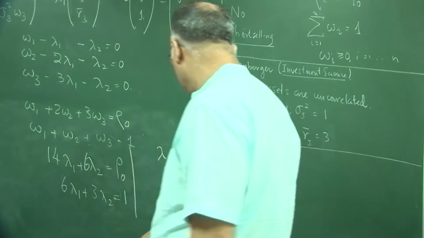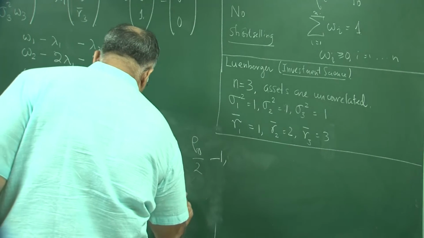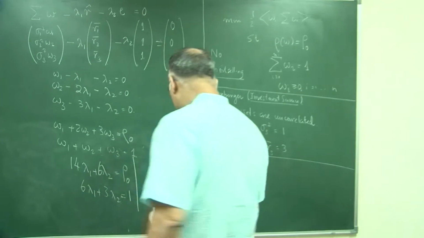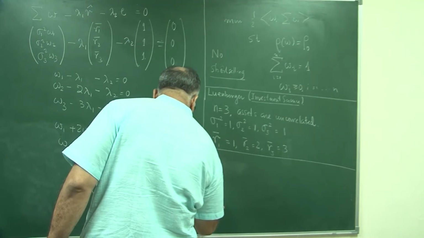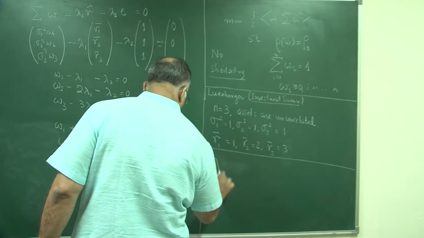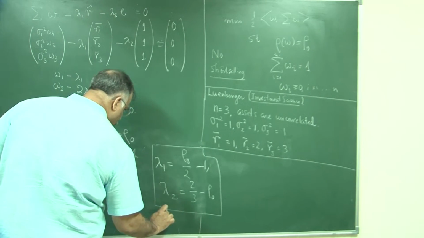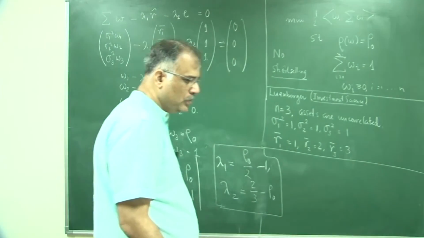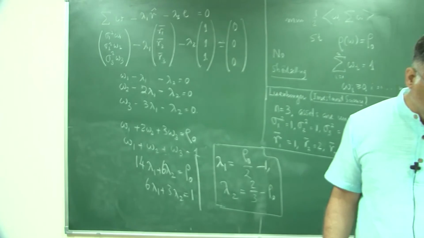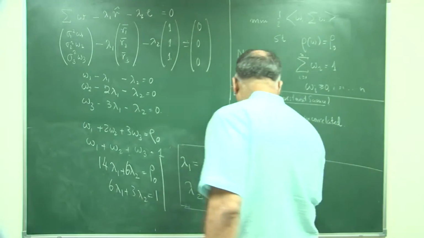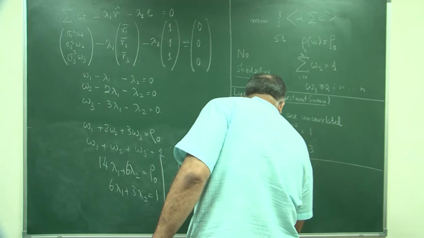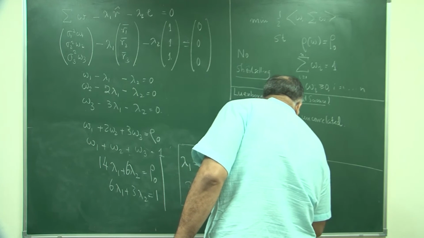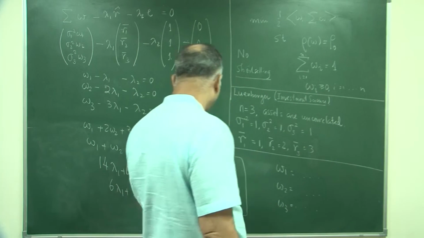This will be your lambda 1 and your lambda 2 would be 2/3 minus rho naught. So once you have this, put in the lambda 1 and lambda 2 here, and that will immediately give you omega 1, omega 2 and omega 3. So, or W1, W2 and W3. So I leave these things to your homework, maybe just W1 and W2.